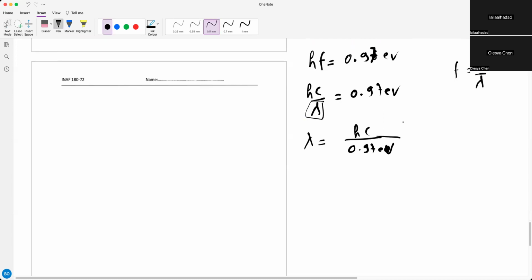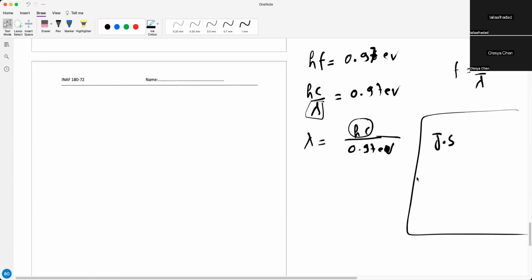Now, let me stop here and talk about the unit of this quantity. What is the unit of this quantity? I know that the unit of Planck's constant is joule second, and the unit of the speed of light is meters per second, divided by the unit of energy.